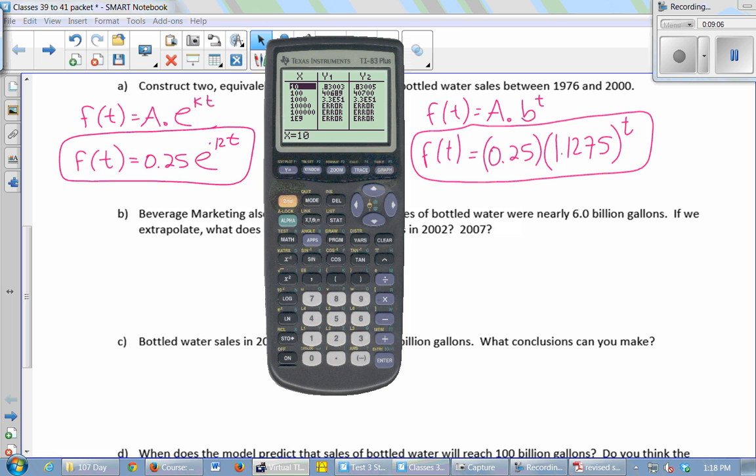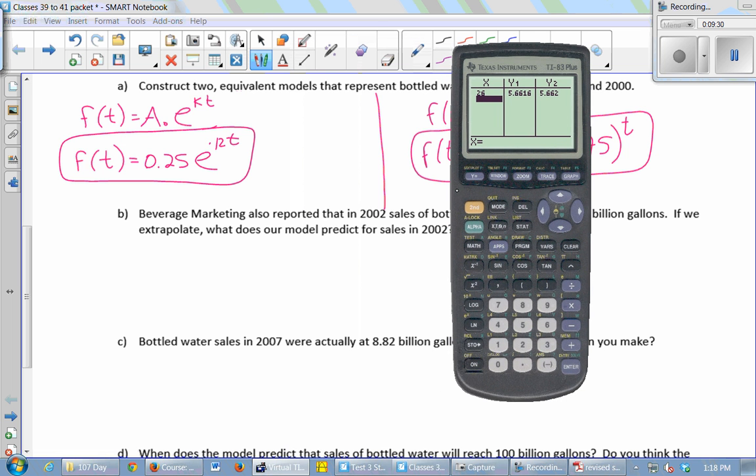I'm going to go to my table and delete all this stuff out of here. So what should I plug in if I want to know 2002? 26, because 1976 is year 0, and 26 years later is 2002. So my two models tell me the same: for 2002, my model predicts 5.66 billion gallons.